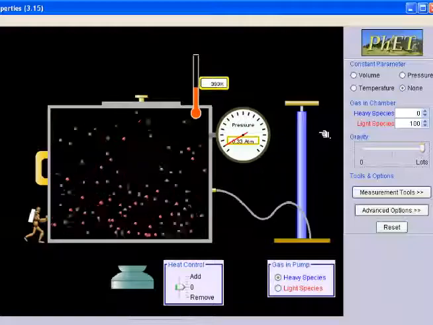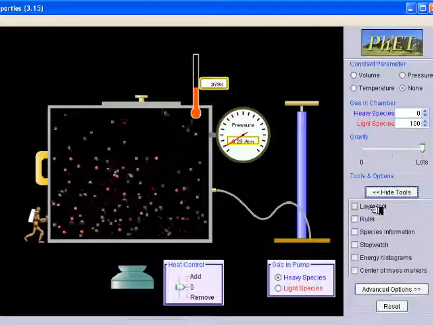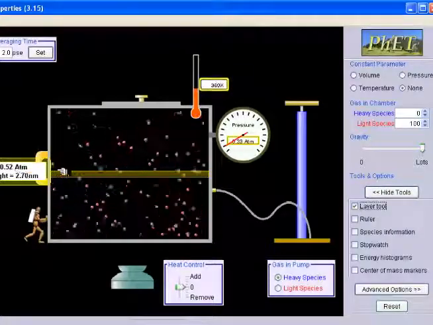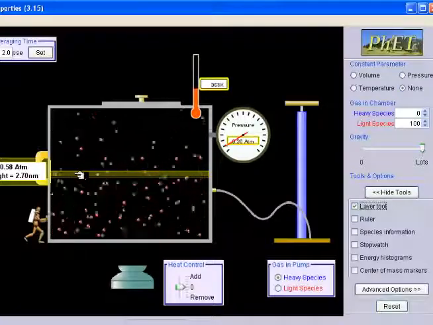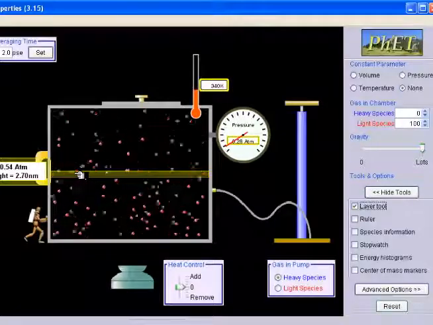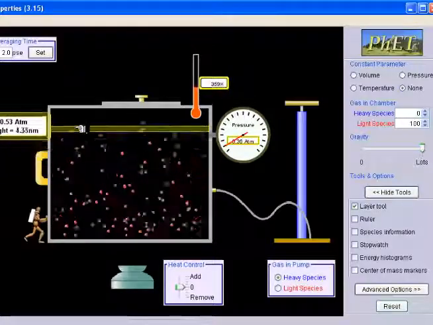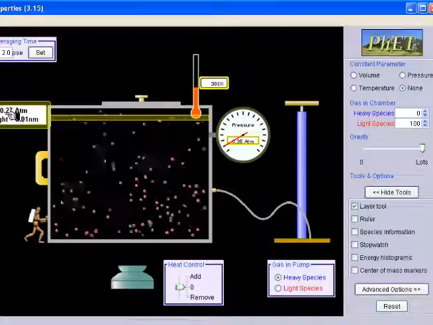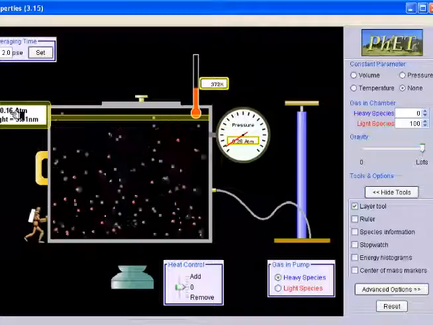We can also show this by numbers, because we can choose one of these measuring tools. Here is a layer tool, and this layer tool tells us what the atmospheric pressure is at this particular altitude in this container. The numbers are not as important right now as just seeing that there is a difference. When I go up into the higher part of the container, you can see that the atmospheric pressure here is about 0.27 atmosphere at this moment, and it fluctuates.